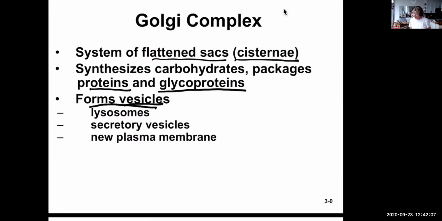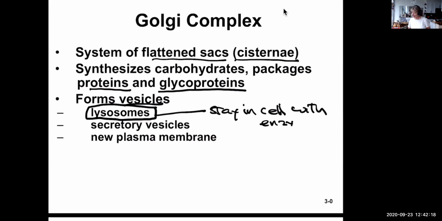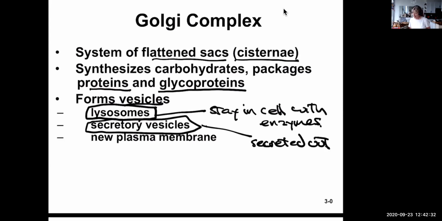Some vesicles that have the proteins inside them will be lysosomes that stay in the cell, and they have enzymes for digestion of things within the cell. Some of them will be secreted in secretory vesicles from the Golgi. So they are secreted out of the cell, and some just remain on the plasma membrane.